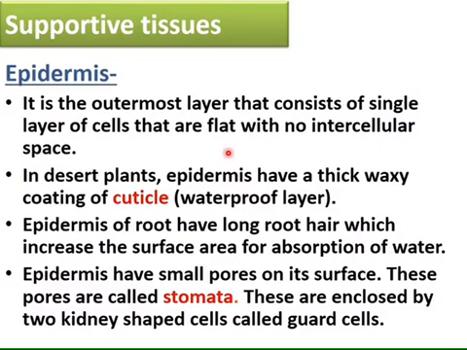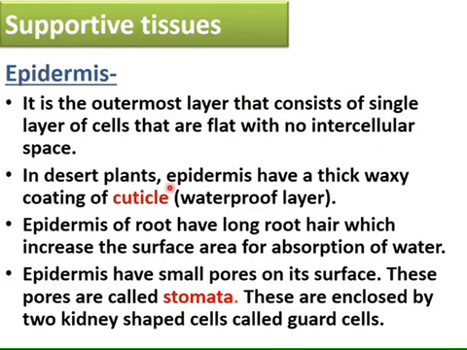Then the second point is about desert plants. You might have observed a desert plant like cactus. Cactus is a desert plant, and in desert plants the epidermis has a thick waxy coating. It secretes a waxy substance called cutin, and it has a waxy coating of cuticle.